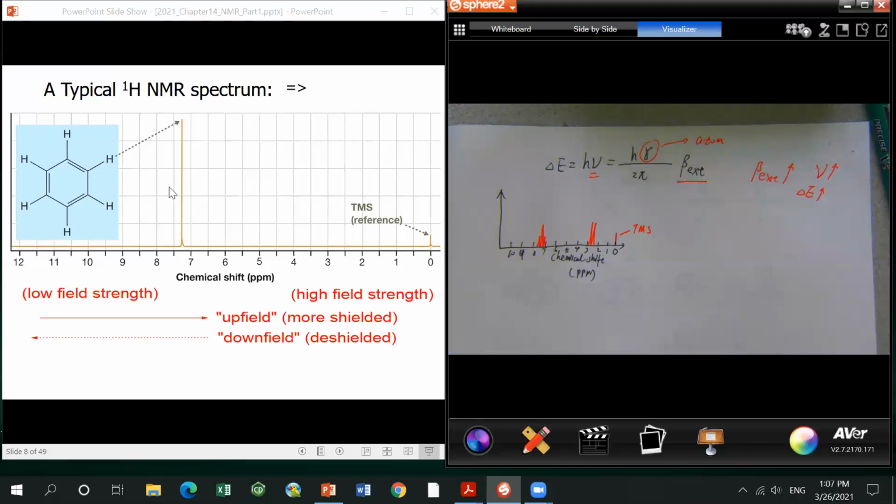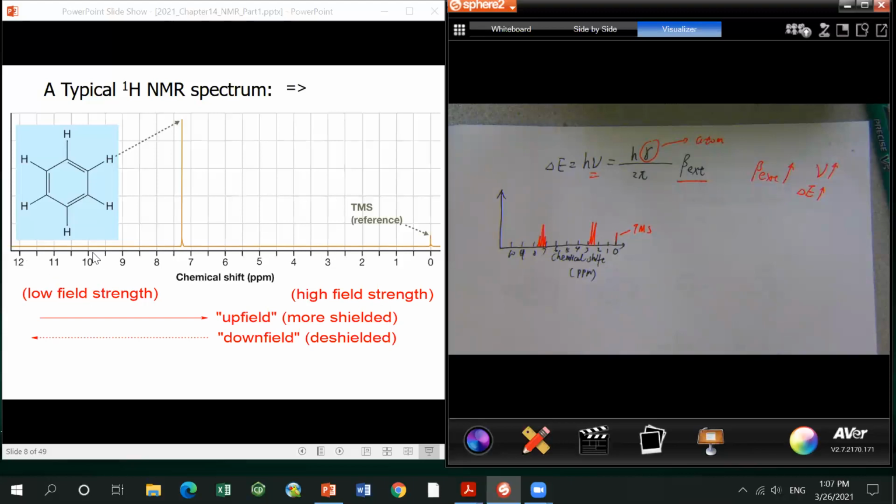Now some special words to describe the chemical shift. For the lower numbers of chemical shift, we call it high field, and for the higher numbers, we call it low field.